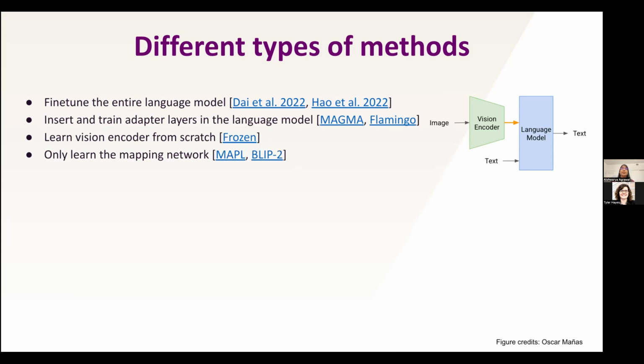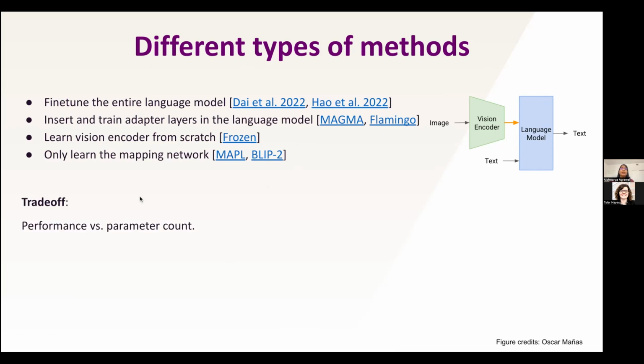They have a bigger mapping network and a two-stage pre-training and so on. But most of the vision and language models that are very recent and state of the art typically follow this kind of high level architecture, where the idea is to make use of large language models essentially.